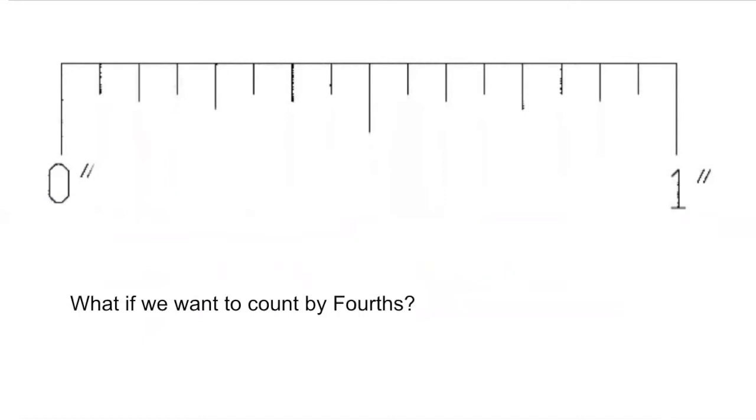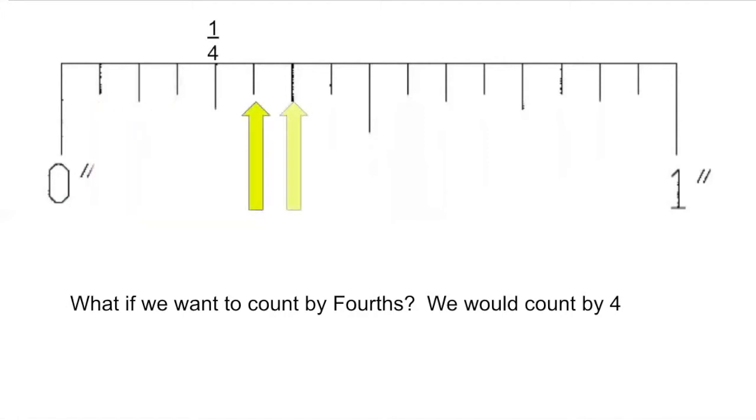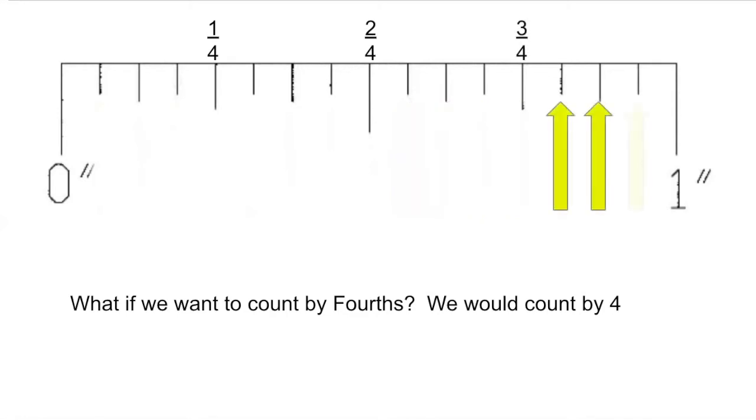Now, what if we want to count by fourths or quarters of an inch? Well, that's going to be counting by 4. So we can do the same thing we just did and count by 4, 1, 2, 3, 4, and that's going to be 1/4 of an inch. 1, 2, 3, 4. That is 2 quarters. 1, 2, 3, 4. That is 3 quarters. 1, 2, 3, 4. 4 quarters.